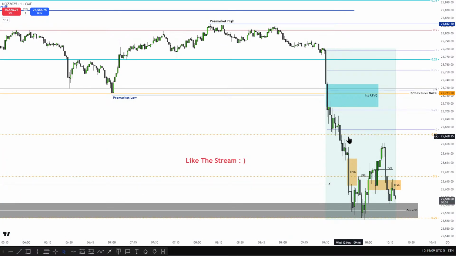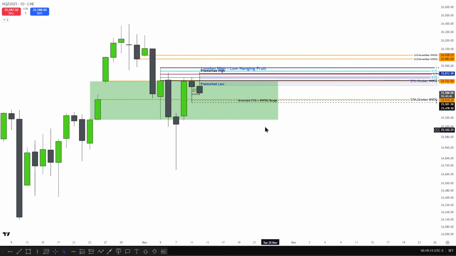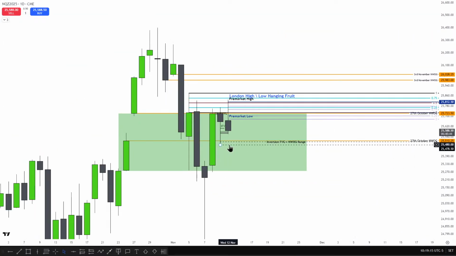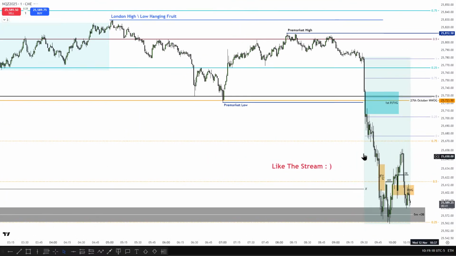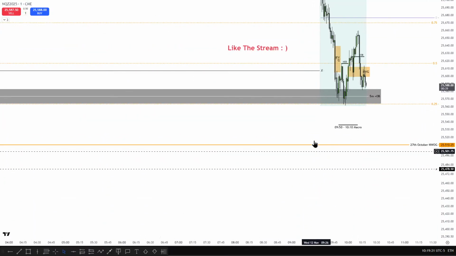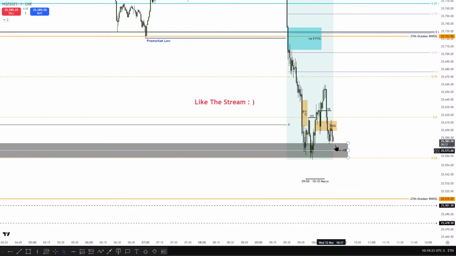Previously low drawn liquidity. Yeah, I guess so. Yes.